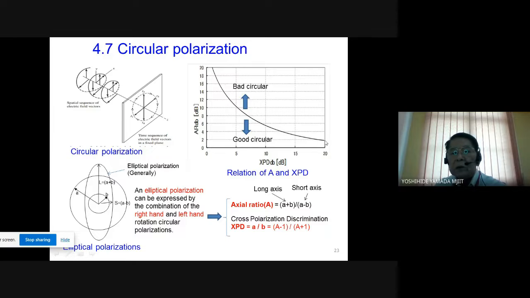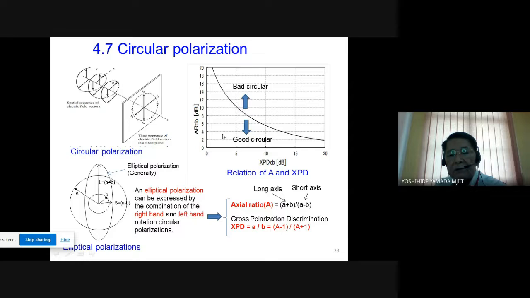So when B becomes very small, the XPD becomes larger, and the axial ratio decreases.